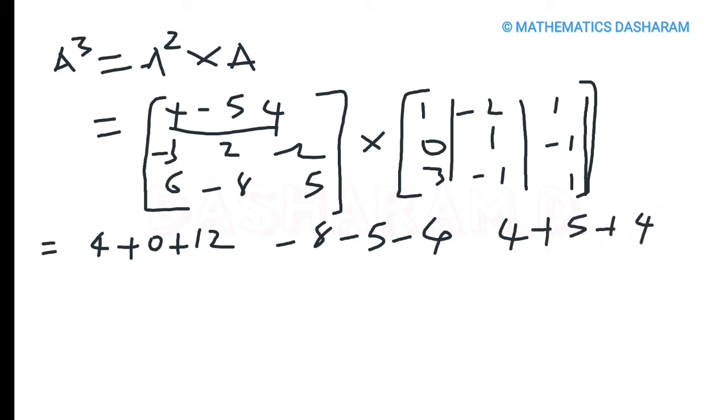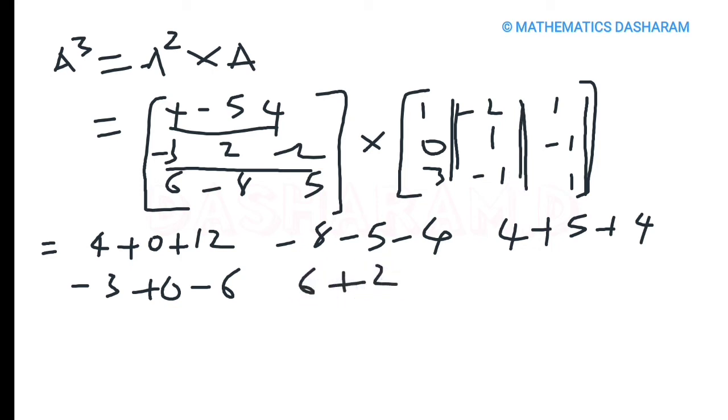Now second row, first column: minus 3 into 1 is minus 3, 2 into 0 is 0, minus 2 into 3 is minus 6. Next, second column: minus 3 into minus 2 is plus 6, 2 into 1 is 2, minus 2 into minus 1 is plus 2.